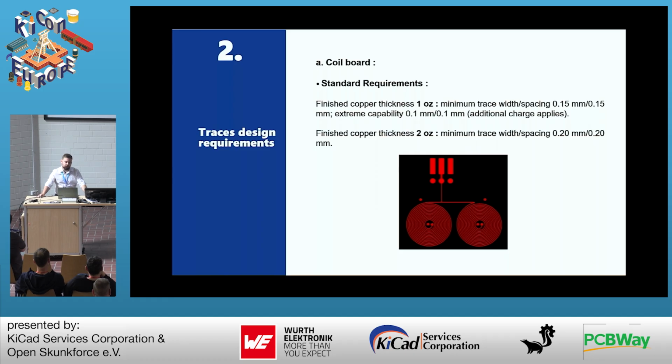If you ask for 1 oz, it can be 0.15 millimeter, and we can try to do 0.1, but it implies additional charges. And then for 2 oz, we can only do 0.2 millimeter.